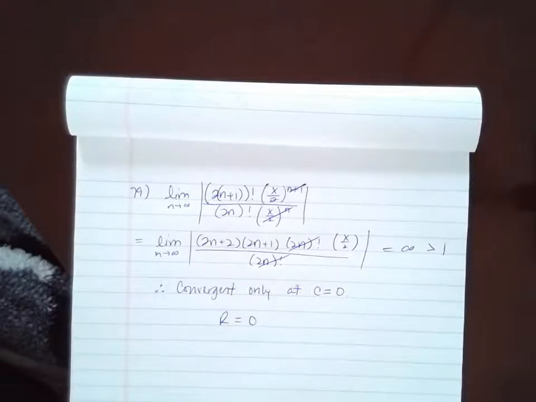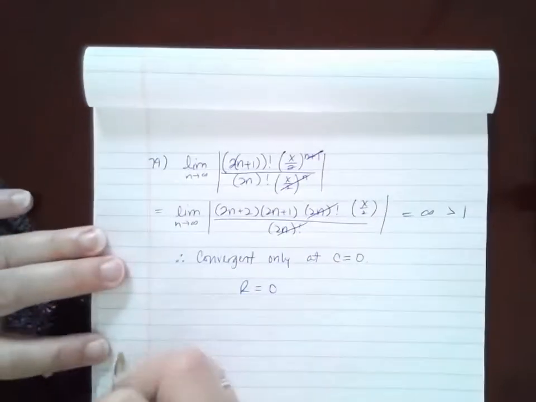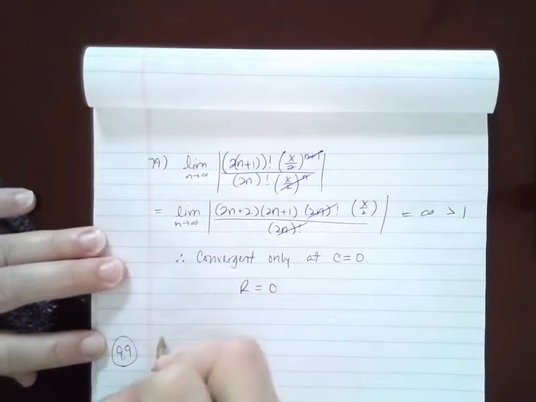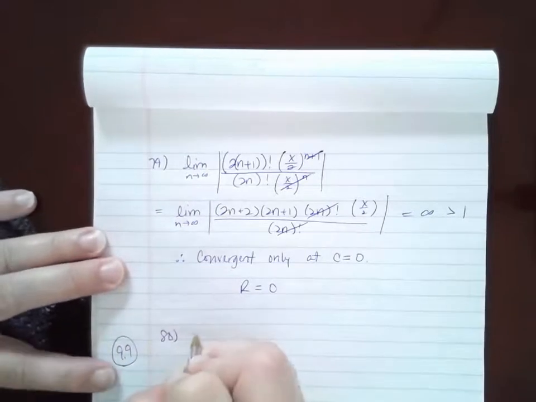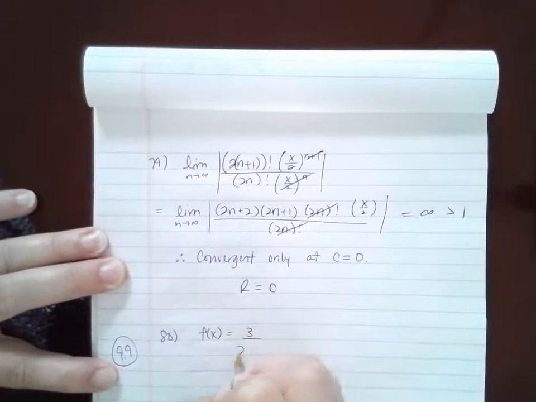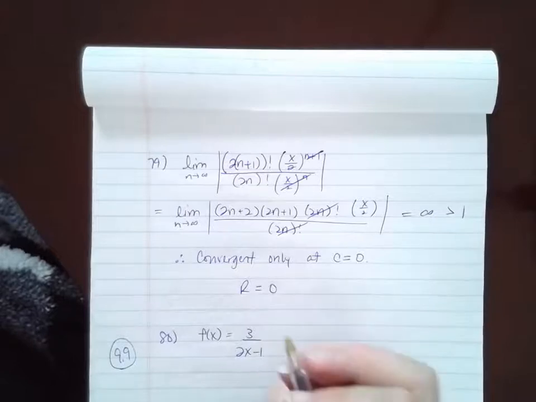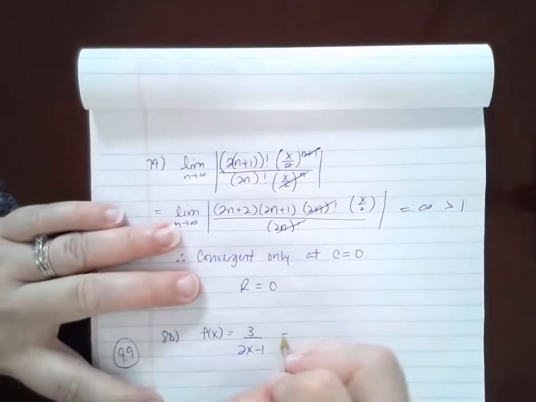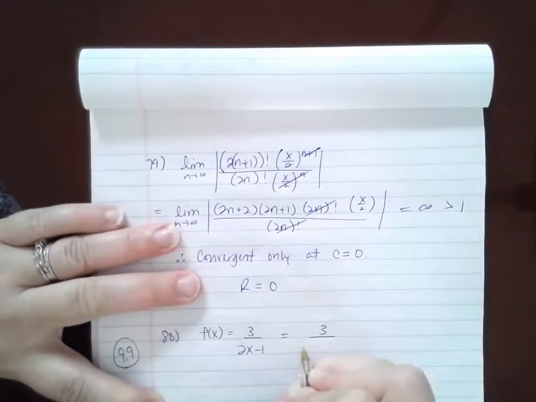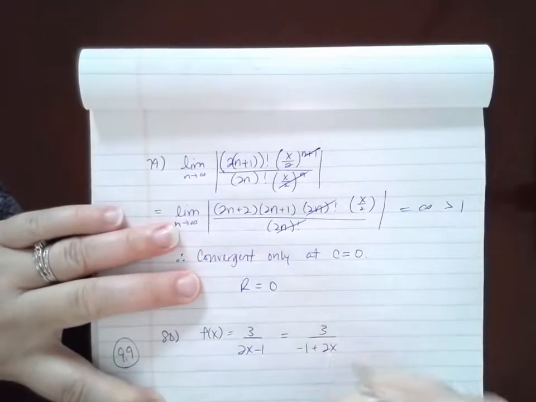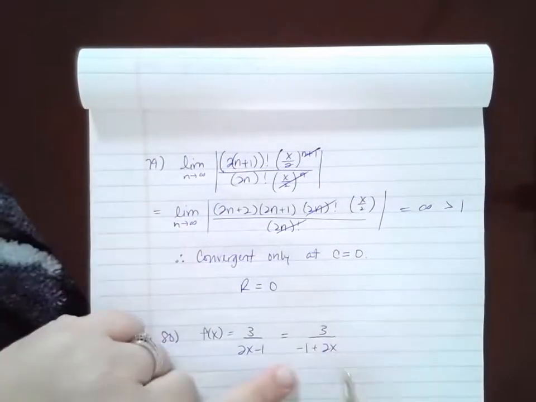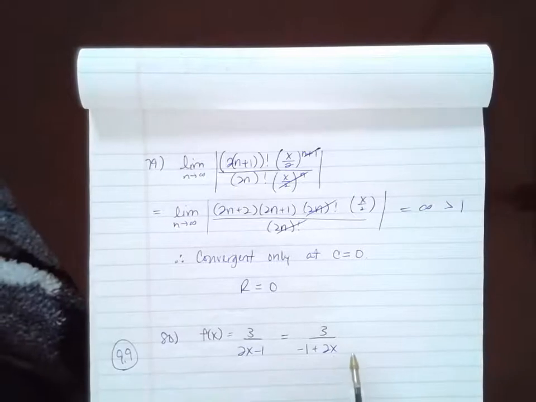9.9, representation of power series. We've got f of x equaling 3 over 2x minus 1, and we are going to center that at 0, which means that I don't have to subtract anything from my x value. It's important to have the x value written second.